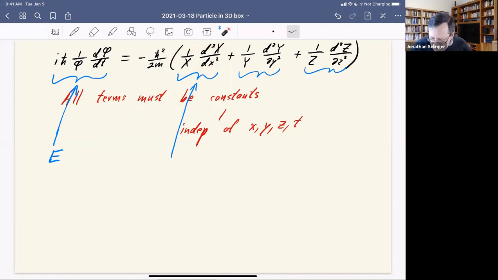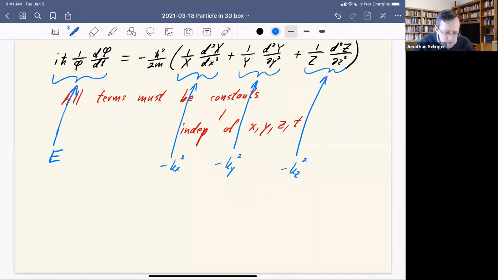So let's call this thing negative k sub x squared, this thing negative k sub y squared, and this thing negative k sub z squared.